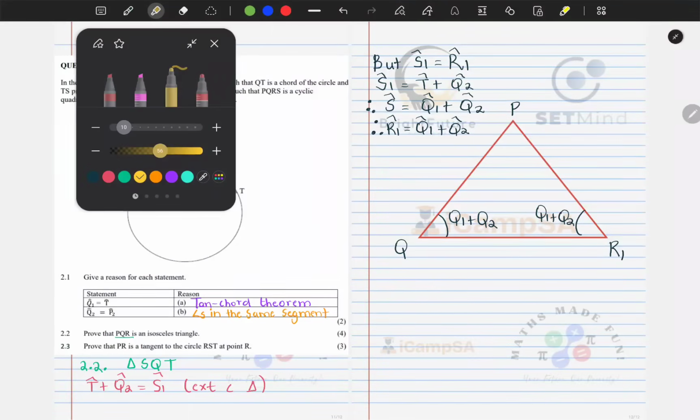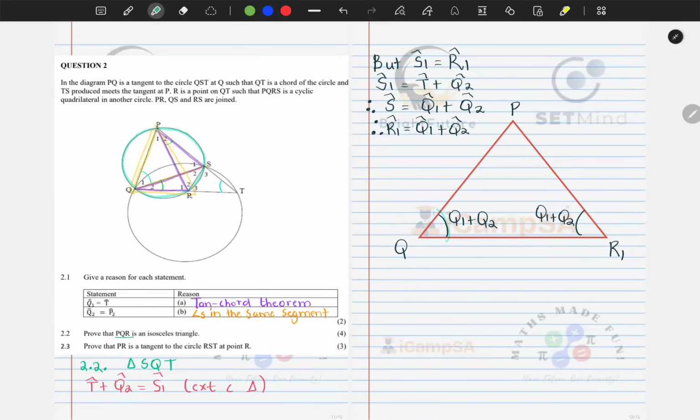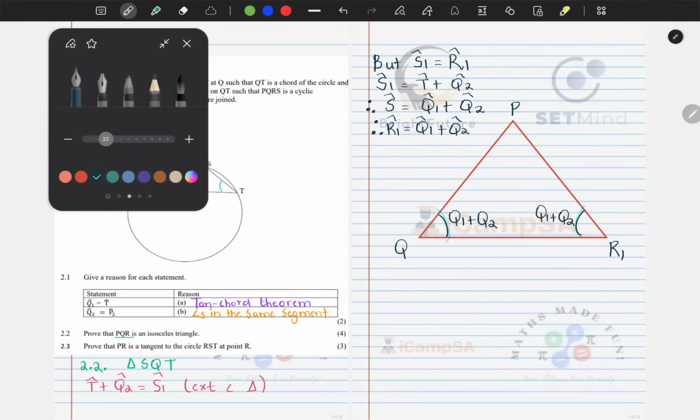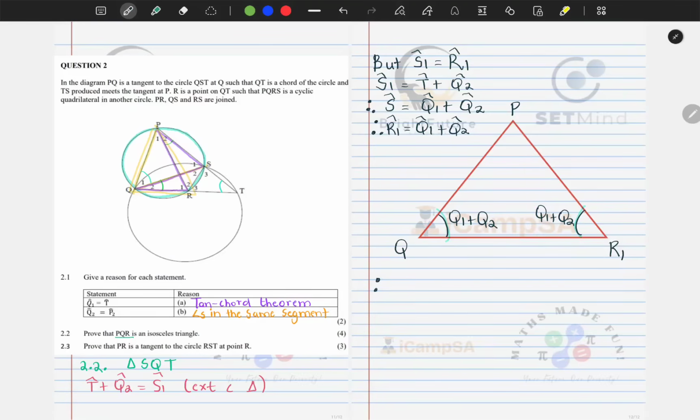Now, if you observe carefully, you have base angles that are equal. This angle is equal to this one. Therefore, we can conclude that triangle PQR is an isosceles triangle. The reason is we have two equal angles. Once you have two equal angles in a triangle, that makes it an isosceles triangle.